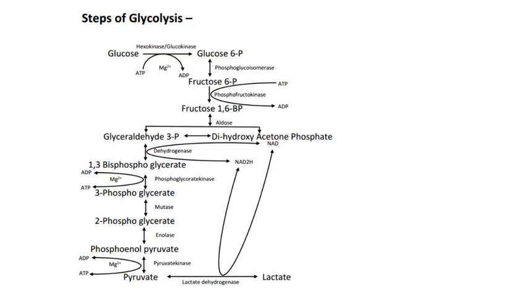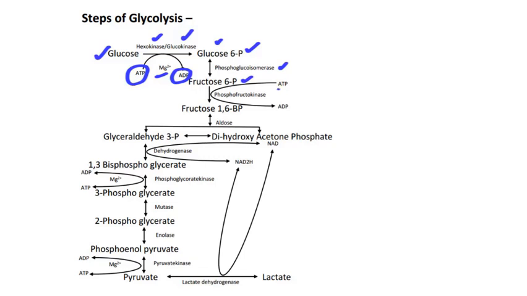At first, glucose produces glucose 6-phosphate with presence of hexokinase or glucokinase and magnesium ion, and here ATP is converted to ADP. In the next step, glucose 6-phosphate produces fructose 6-phosphate with presence of phosphoglucoisomerase.